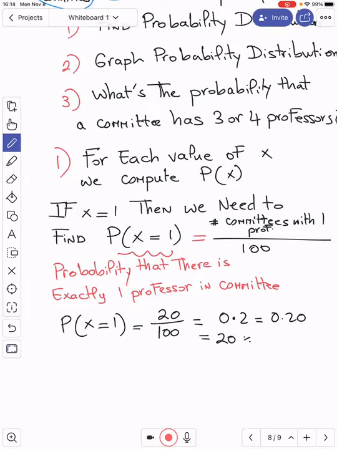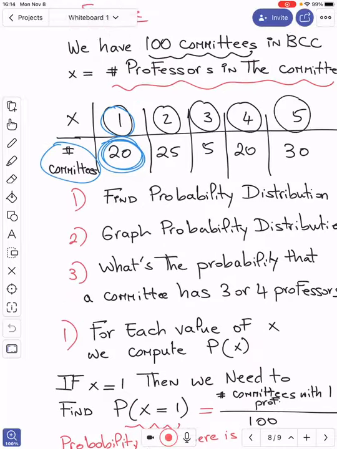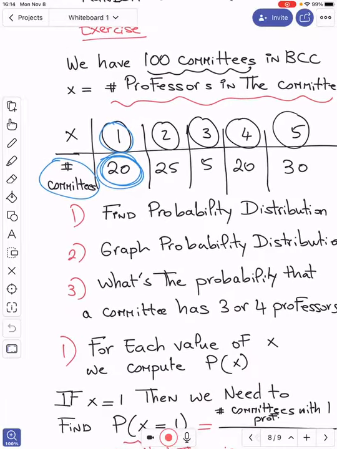Okay. Any questions so far, guys? How I got this probability of X equal to 1? That's the number of committees with exactly one professor over the total number of committees. And of course, we can do the same thing for the probability of X equal to 2. That will be the number of committees with 2 professors over the total size of the sample, 100 committees.